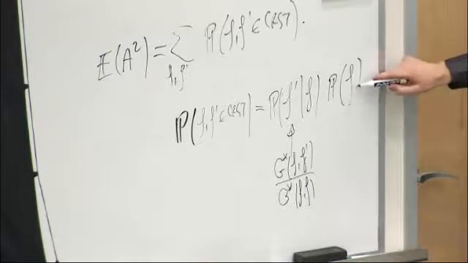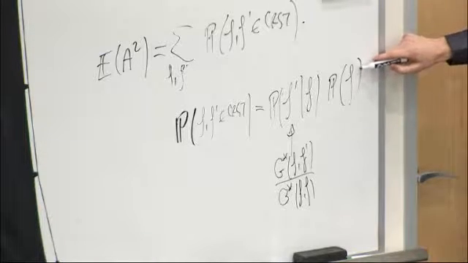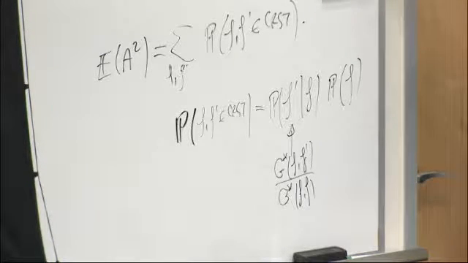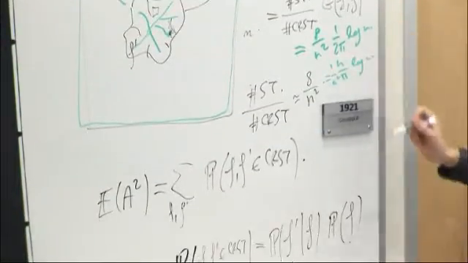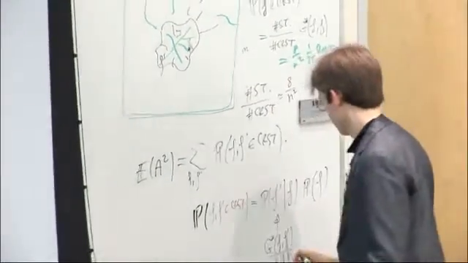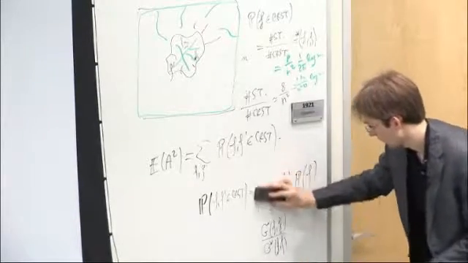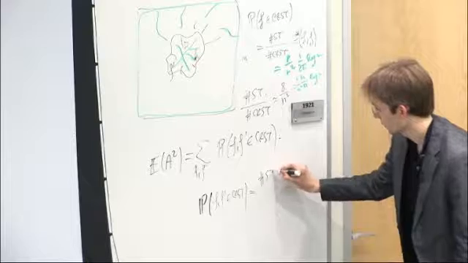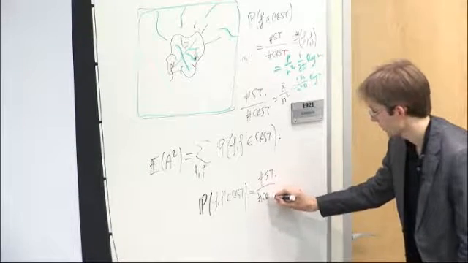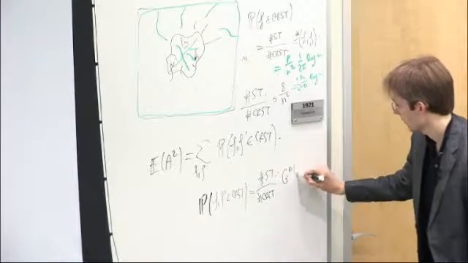Now, using the result we previously had for the probability of f, which is this ratio times that, there's a simplification, and you obtain the number of spanning trees, the number of cycle-rooted spanning trees, g star of f prime.